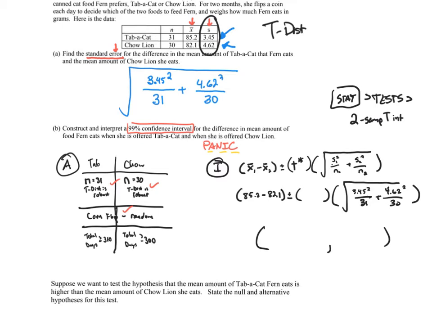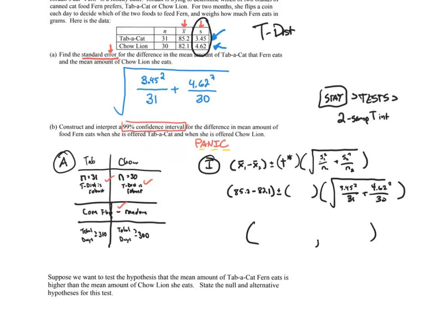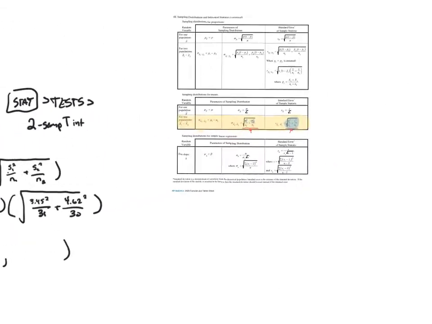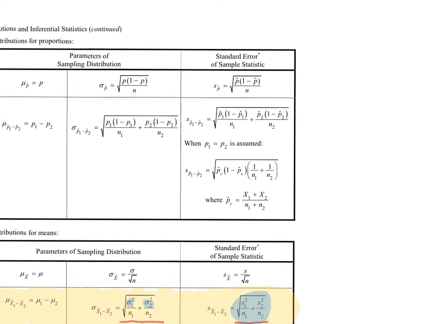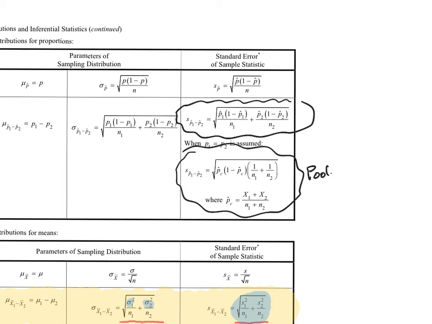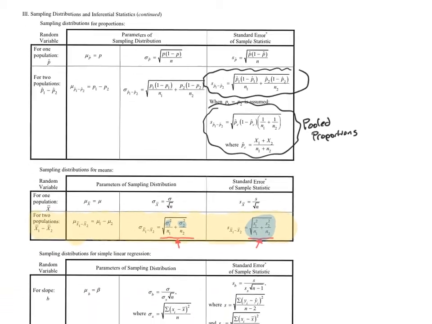It's saying pooled. I want you to know that we will not be doing any pooled samples. What pooled means, like this right here, is called pooled for proportions. Pooled means we're going to assume that they're the same and pull them together.